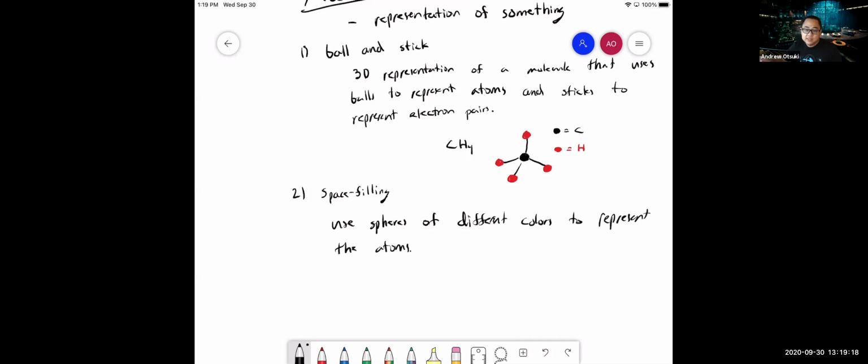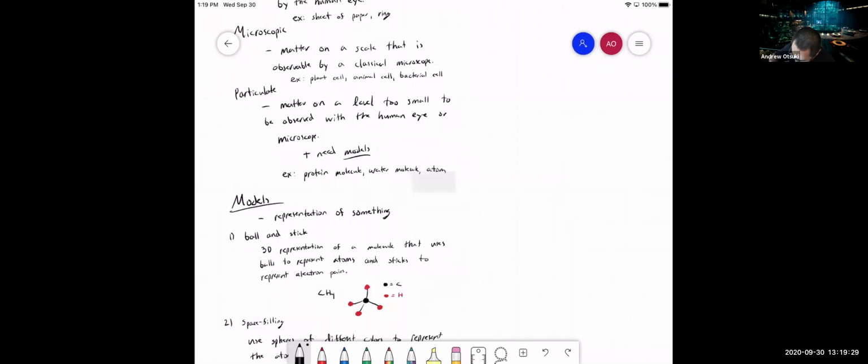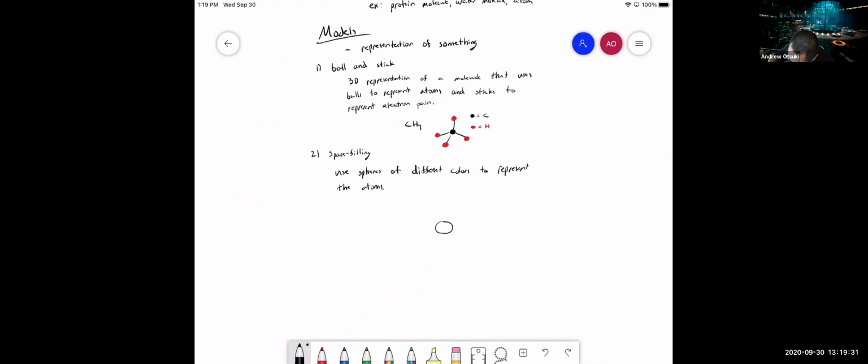So I'll draw you an example with the same idea. Again, here is my carbon atom. Sorry, it zoomed out on me. So here's the central carbon atom that we showed before.